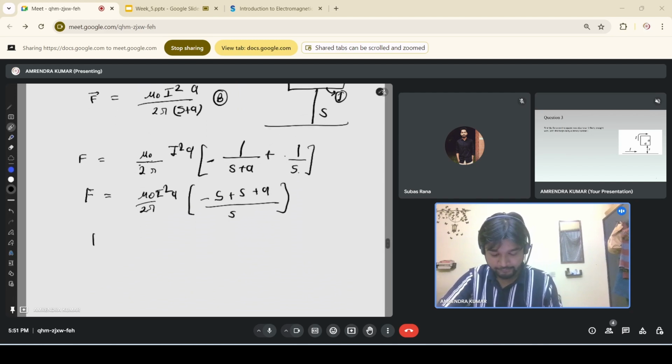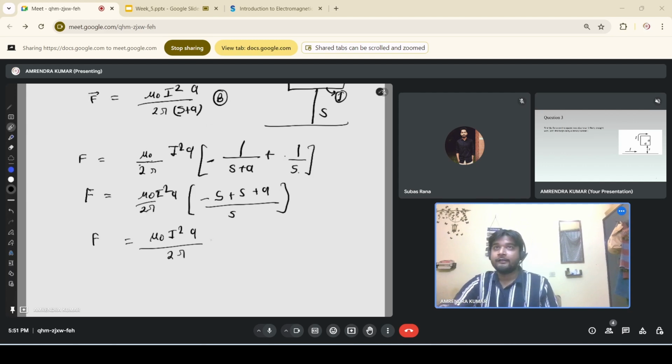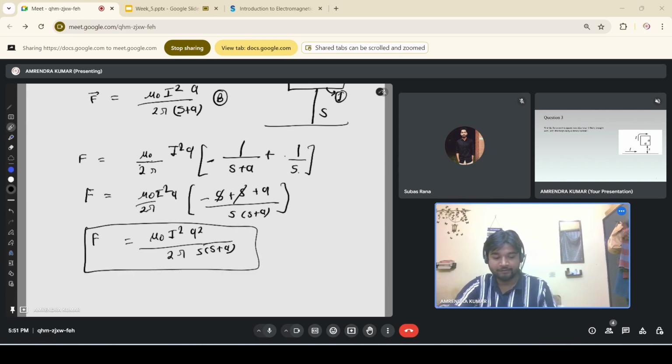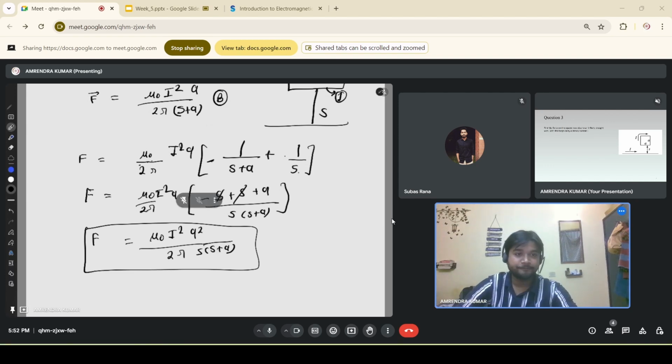So you have this mu 0 I square a over 2 pi, okay, and s plus a, then s will cancel out the s, and you have a square, and you have s into s plus a, okay. So here is the force that will act downwards, okay.